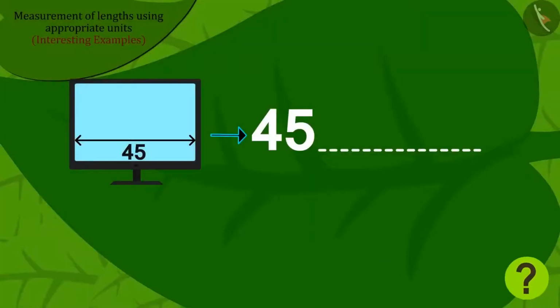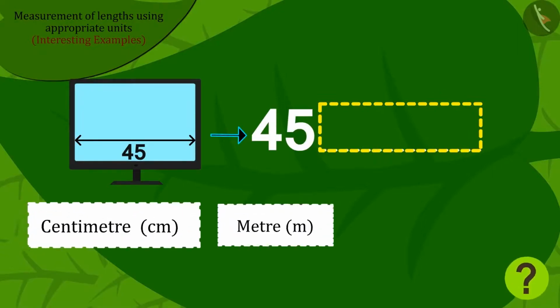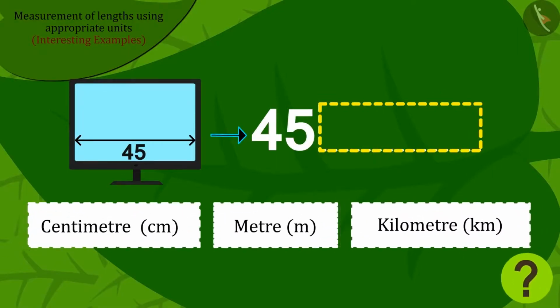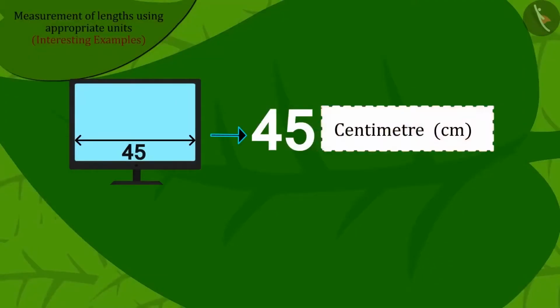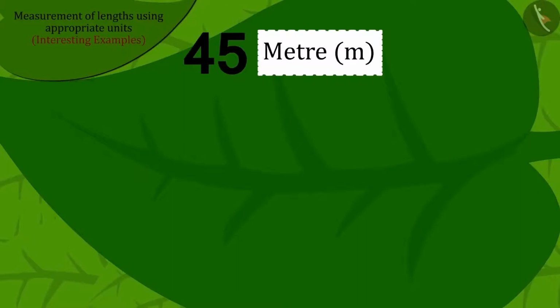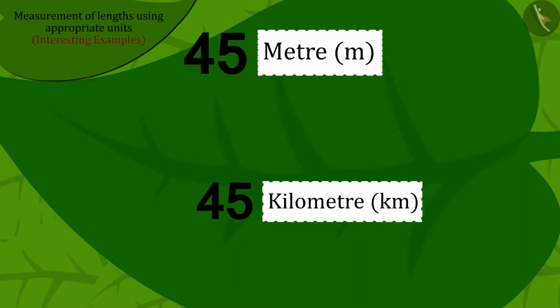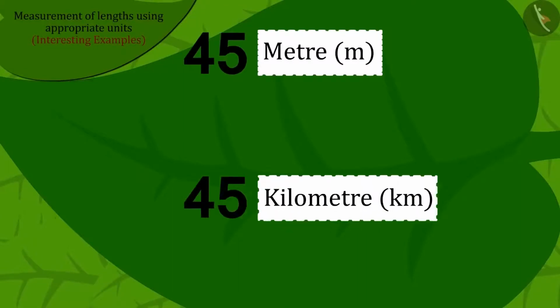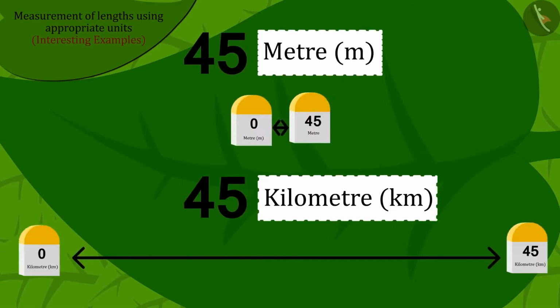Children, can you tell, for the length of the monitor screen, which unit should be used next to 45? Absolutely correct, because both 45 meters and 45 kilometers would be very long.